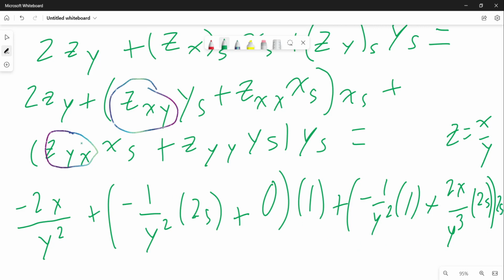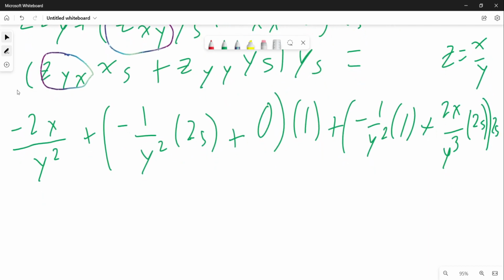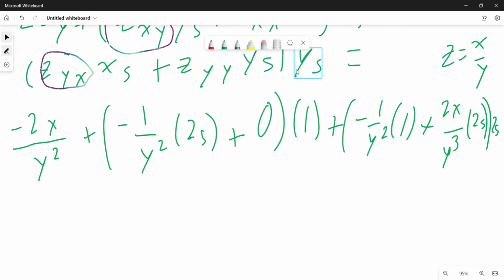Maybe we should have simplified this first before we put in the s's. Well, it's a bit of a guessing game to decide how you should simplify or when you should simplify. Well, I guess we had to put the s's in here because you couldn't just have ys. You don't want derivatives in it. All right, so let's see what we have here. So negative 2x over y squared minus 2s over y squared.